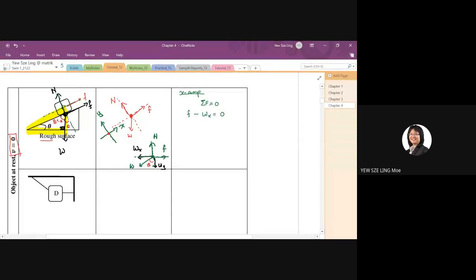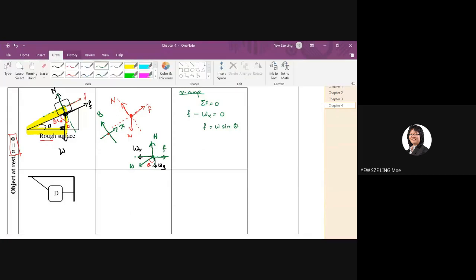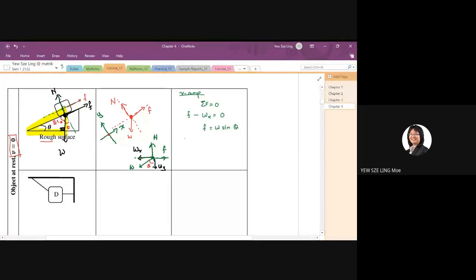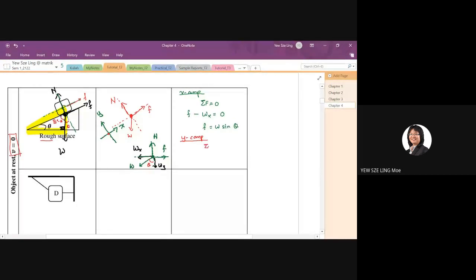So Wx in our case right now is W sine theta because the angle is located beside the y-axis. For the y component, you just repeat the same thing. Summations F equals to 0. If you look at the diagram, I have two forces along the y component, which are N and Wy.